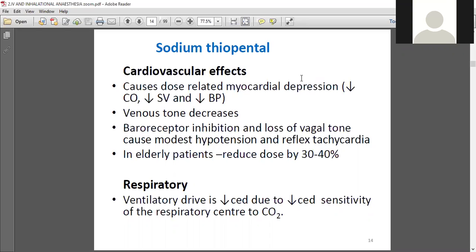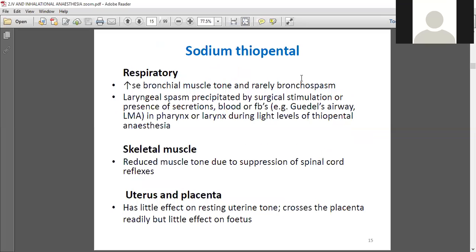Then respiratory: the ventilatory drive is decreased due to decreased sensitivity of the respiratory centers to carbon dioxide, so the respiratory system can also be depressed. It increases bronchial muscle tone and rarely causes bronchospasms.